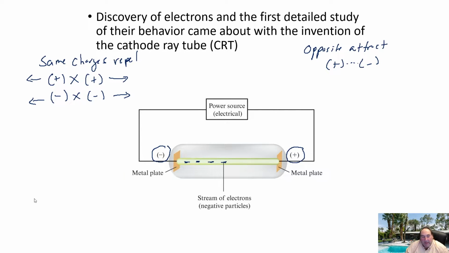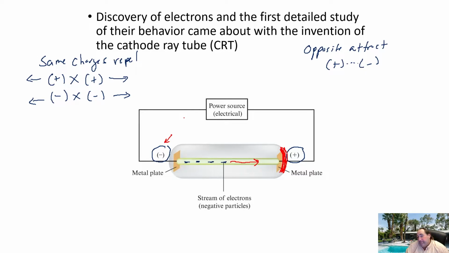And as we were just talking about, since opposites attract, the negatively charged particles are going to find themselves heading towards the positive side of the electrical field and clearly away from the negative side. They will oftentimes hit this side. A lot of times they'll put a fluorescent type material on there, and that will allow you to see where the particle hits.